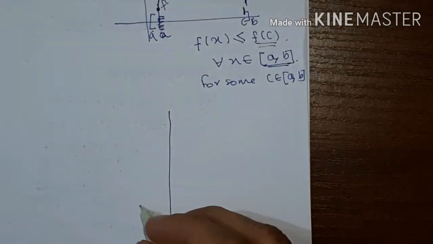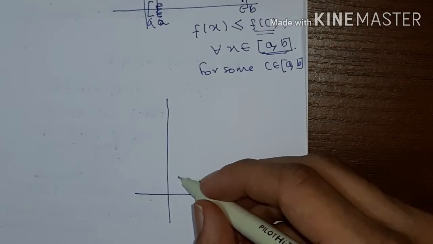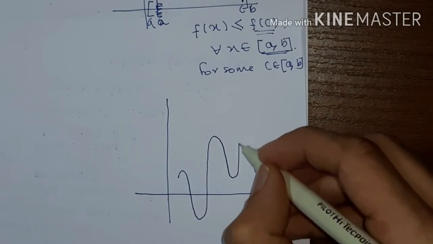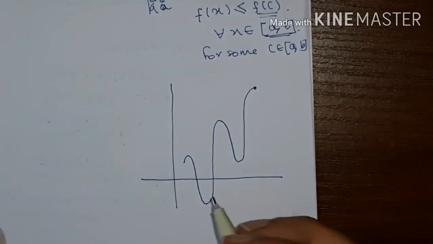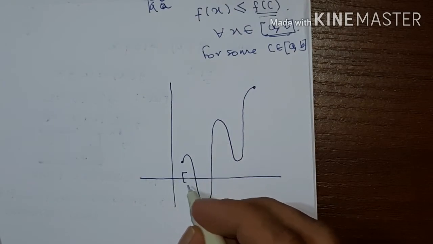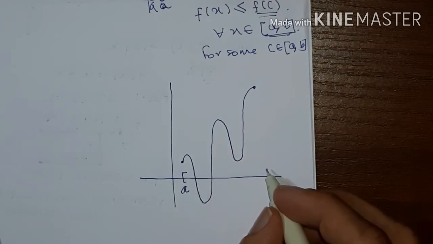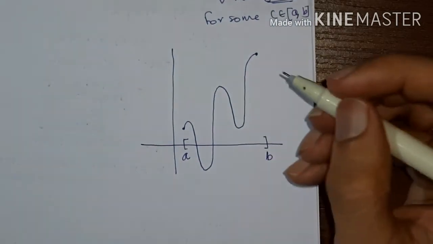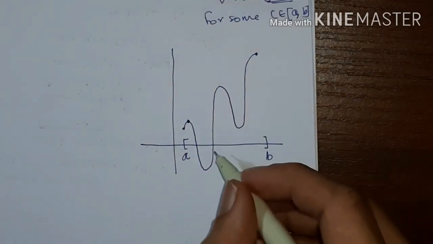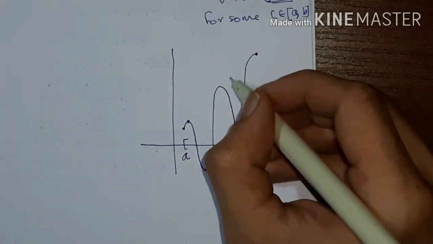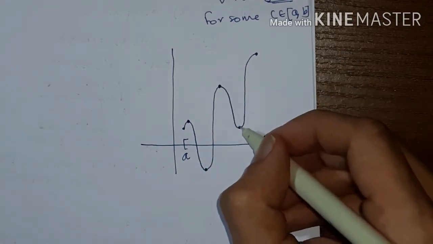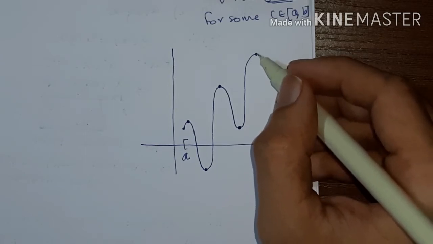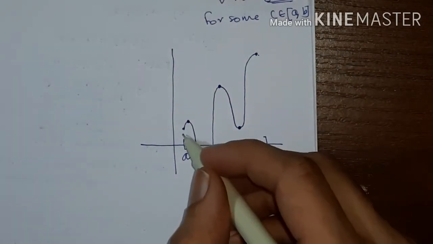Now for example, if I have a graph in this way, like this, so this is the interval. What you find is this is the local maximum, this is the local minimum, this is the local maximum, this is the local minimum, and this is the end value of the function, this is the starting value of the function.